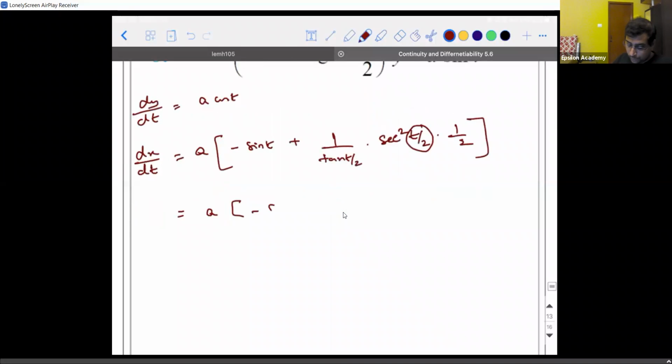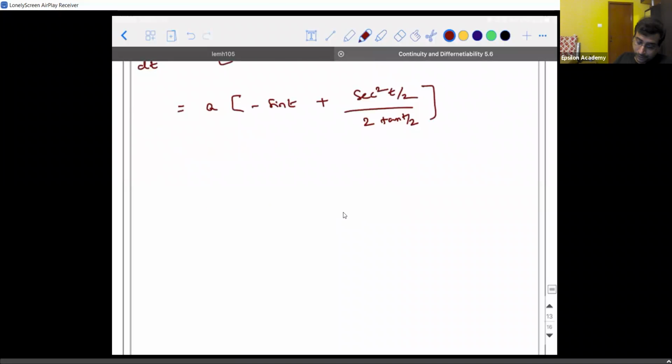So a into minus sin t plus, let's see if something can be done. Secant square t by 2 divided by 2 tan t by 2. I think we can simplify and write it.